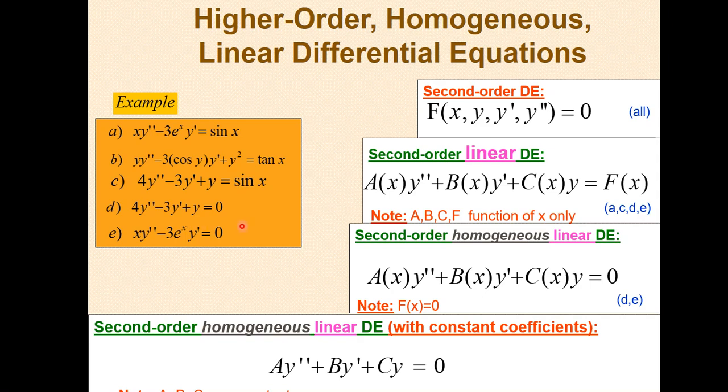If you look very closely, class, only one specific differential equation falls under this particular type, wherein all three characteristics hold: homogeneous, linear, with constant coefficients. The answer would be letter D. Only letter D here is second order, homogeneous, linear, with constant coefficients. So, all coefficients are constants.